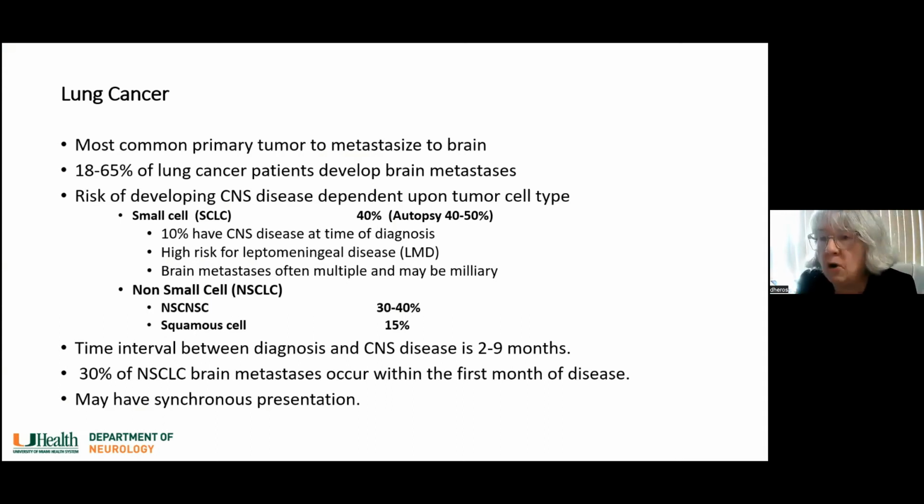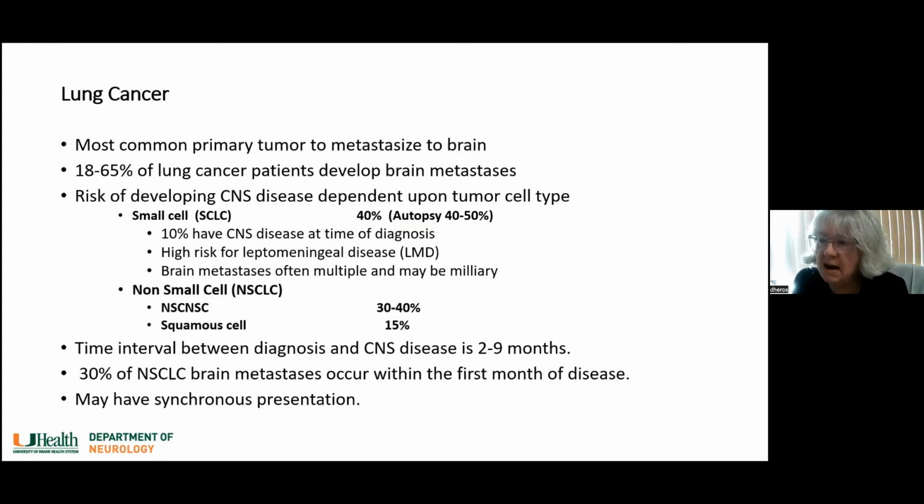So we know that small cell lung cancer is the most at risk for developing CNS disease. 40% clinically and up to 50% or even 60% at the time of autopsy have extensive CNS disease. 10% at the time of diagnosis.